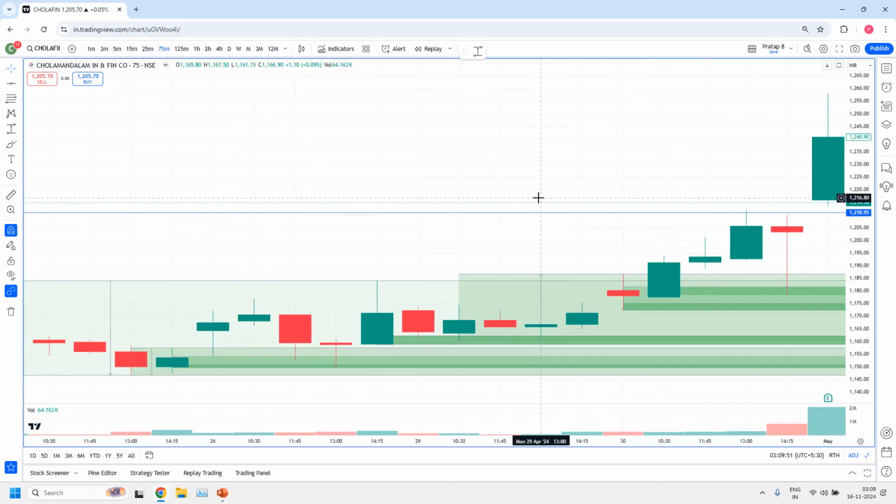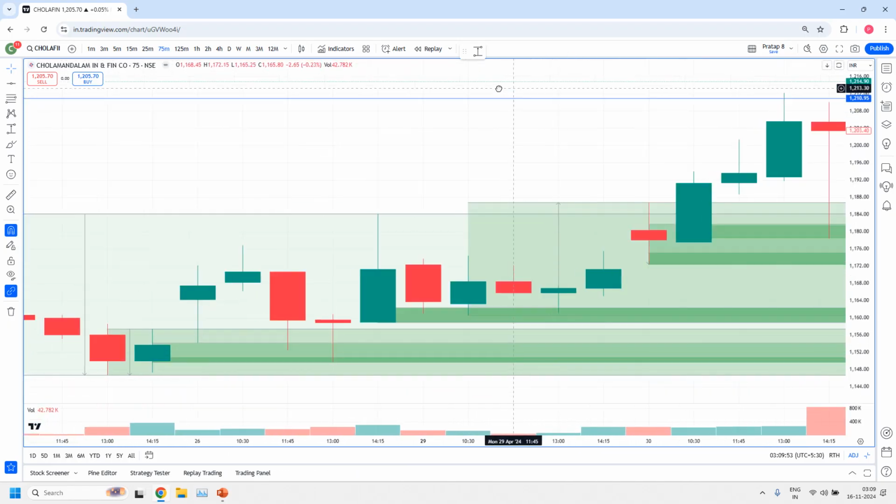And here the 75 minutes candle, see, prices came down. That means whatever the big green candle has become a big red candle when prices reached this zone. There is a 15-minute zone below.